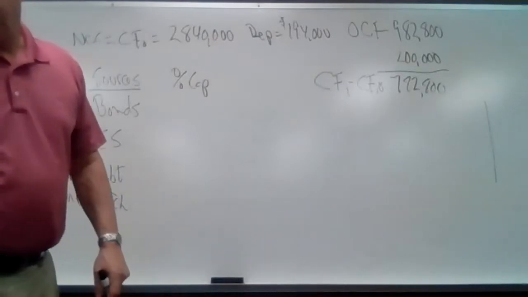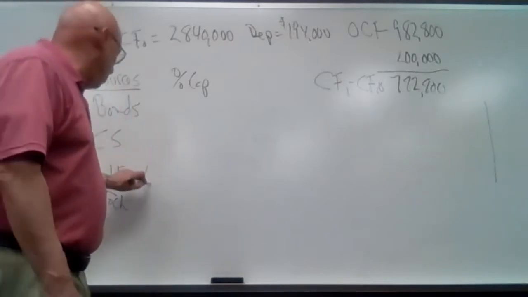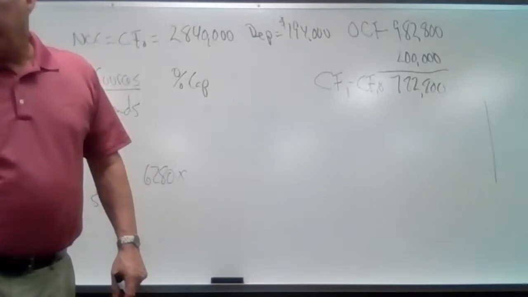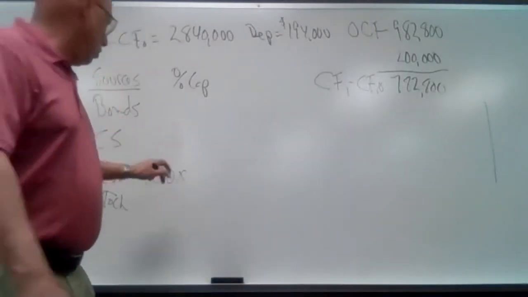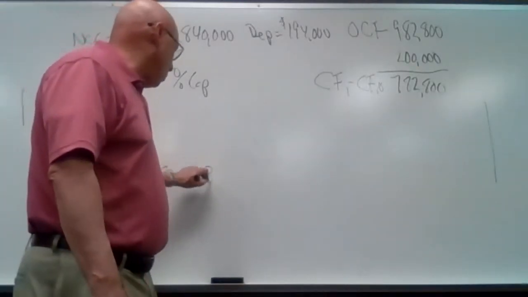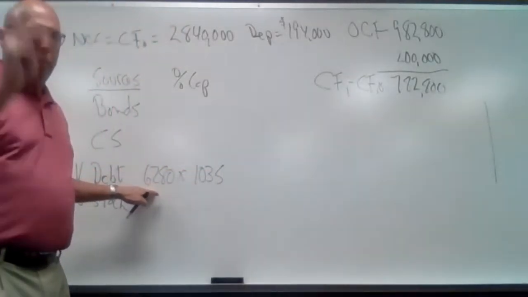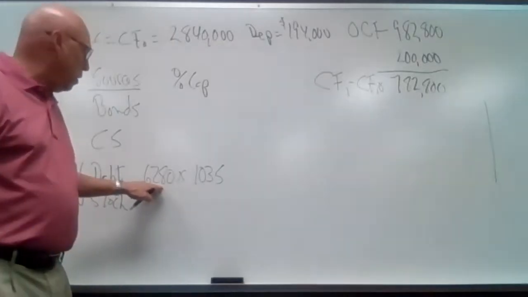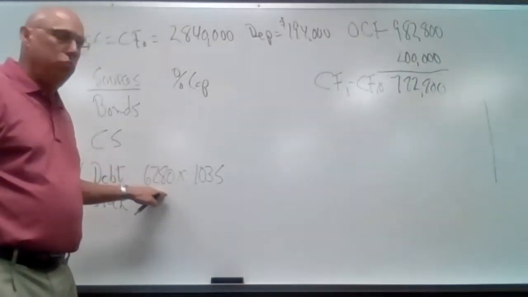And so let's look. So they have 6,280 bonds times 1,035. That's the current market price. You always multiply the number of securities by the market price. Some of you get confused and you think because it's a bond, you have to multiply that by par value. You do not.